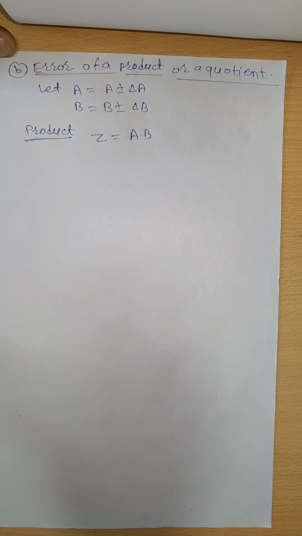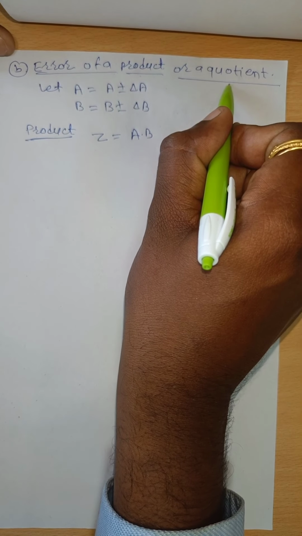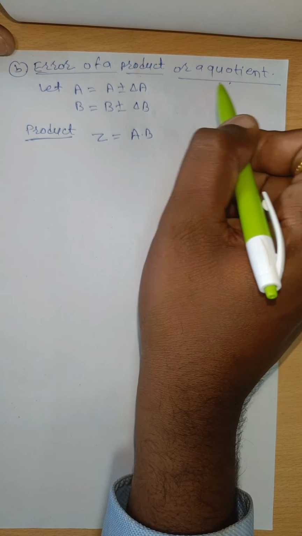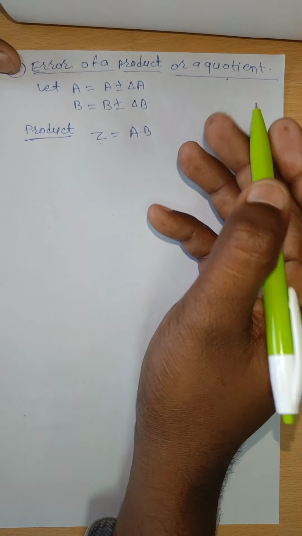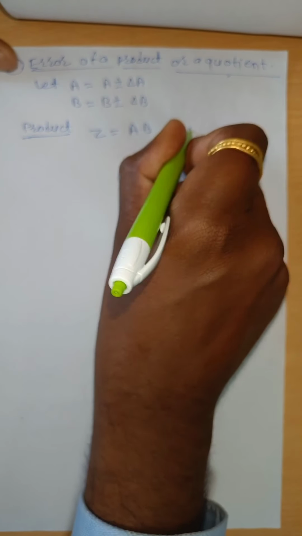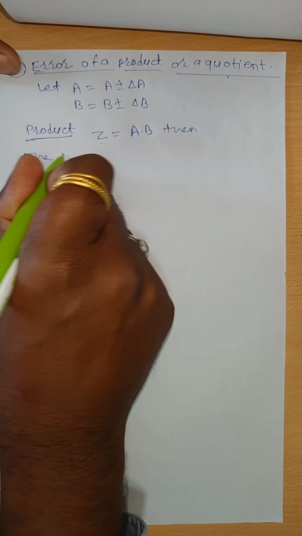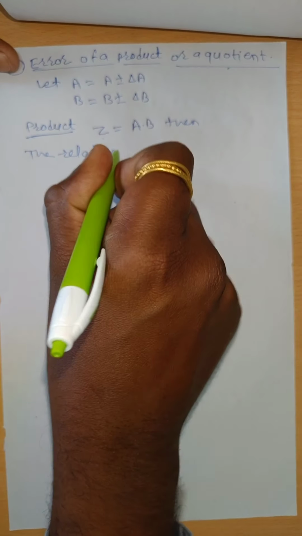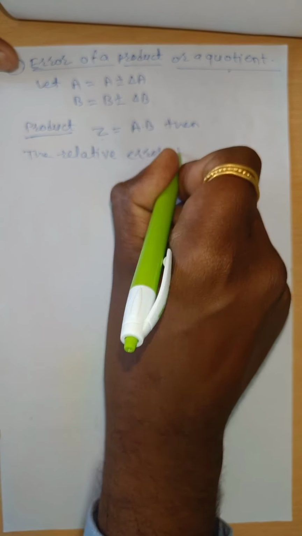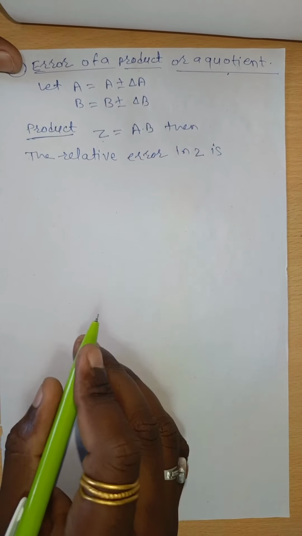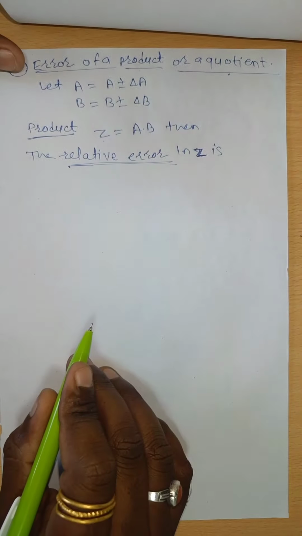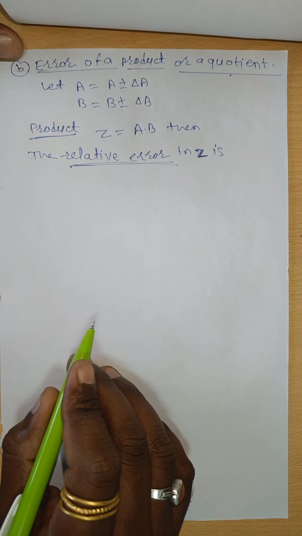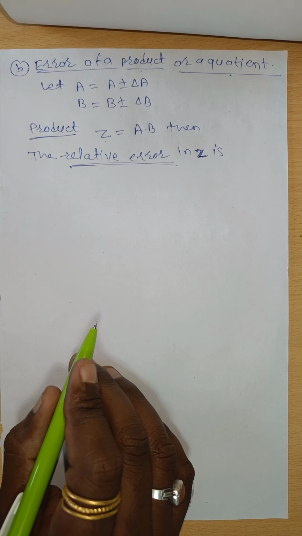In addition and subtraction we discuss absolute error, but in product or division we discuss the relative error. With product Z equal to A into B, we have to find the relative error in Z.